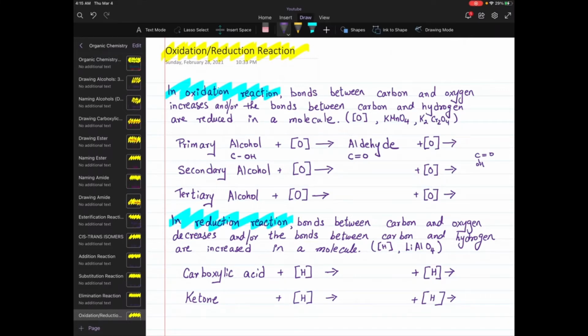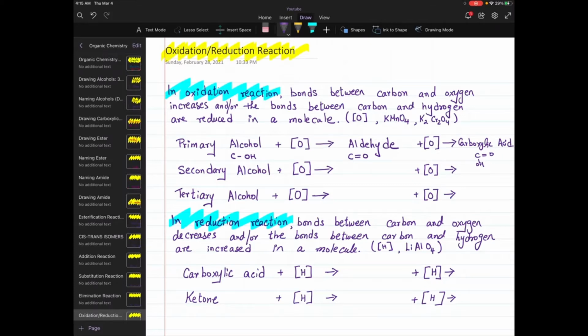In other words, what we have just done is make a carboxylic acid from an aldehyde by an oxidation reaction. So a primary alcohol can become an aldehyde by undergoing an oxidation reaction, and an aldehyde can undergo oxidation to form a carboxylic acid.